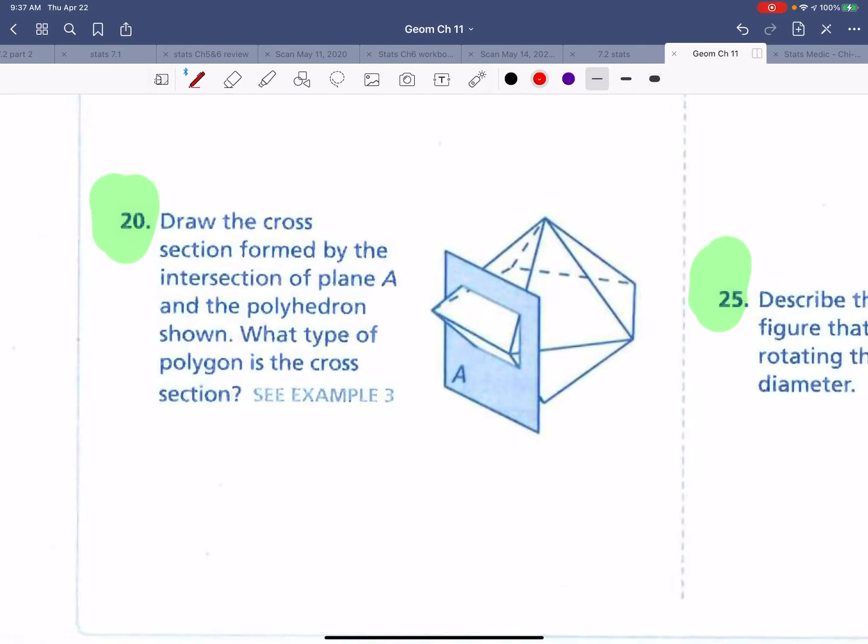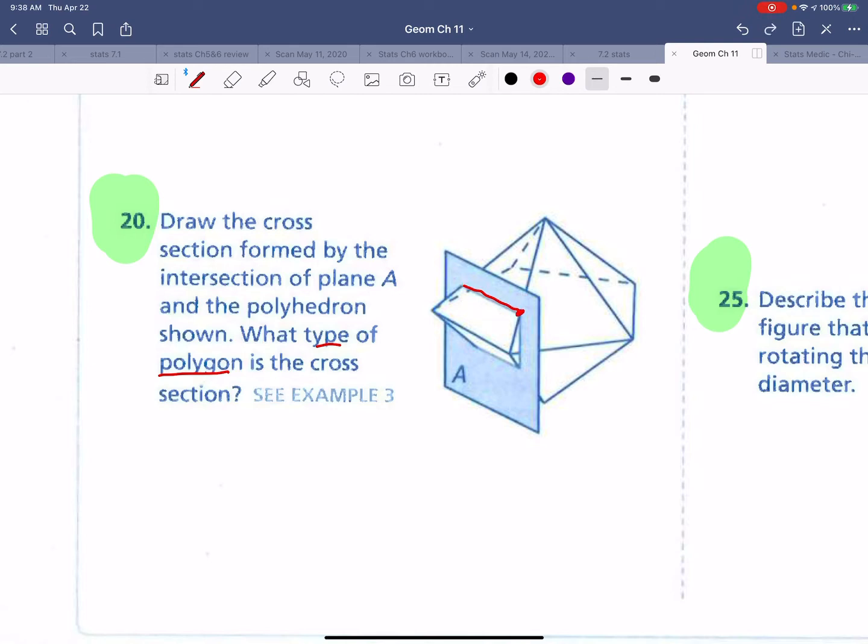It says draw a cross section. Oh boy, a lot going on there. It looks like not a double cone, but a double pentagonal pyramid. Draw the cross-section formed by the intersection of a plane and the polyhedron shown. What type of polygon is the cross-section? So it looks like we have 2 points on top.